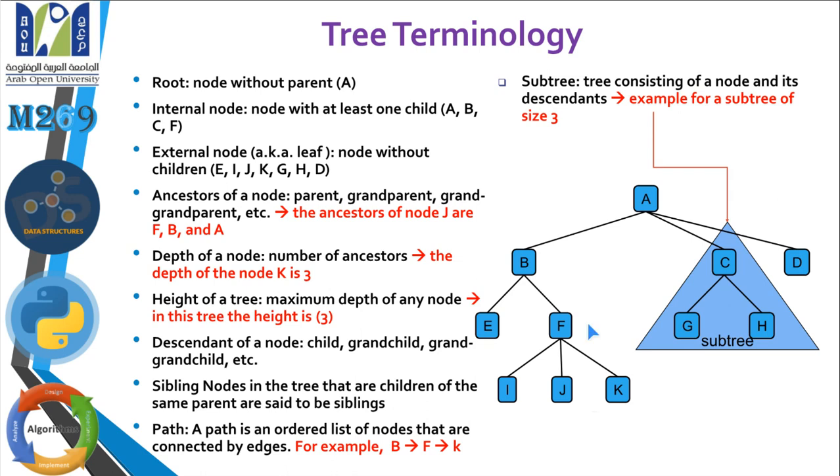The descendants are the children and grandchildren that the node has. So, for example, for B, what are the descendants of B? We have to know how many children and grandchildren it has. So here we have 1, 2. That is the maximum.